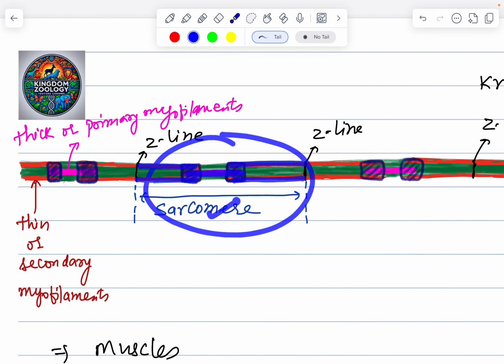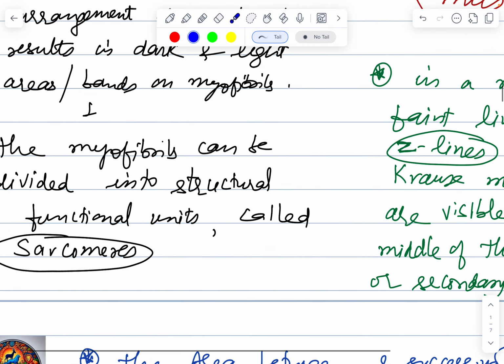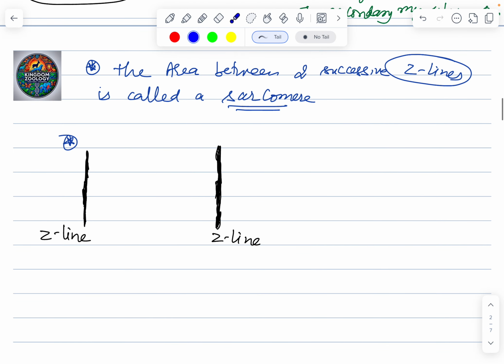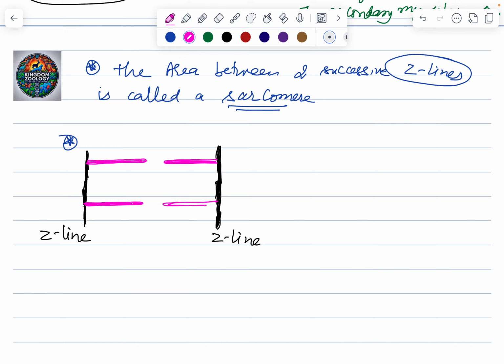That is the structure of the sarcomere. So let me take you back here now. On this side there is a secondary or thin myofilament. Here also one more secondary or thin myofilament.